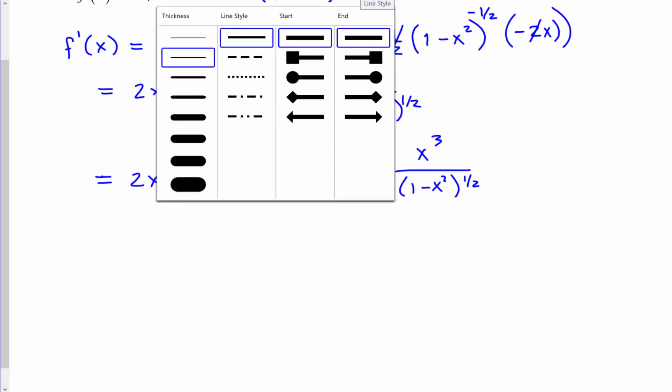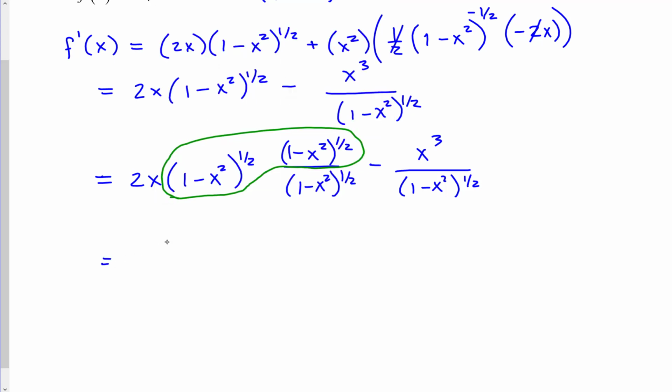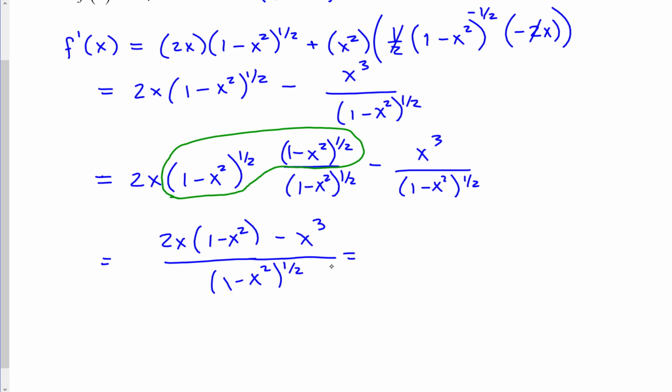So now I have 2x times 1 minus x squared all over, and actually, you know what, I'm going to go ahead and say minus x cubed. I'm just going to combine these as a single fraction now, and the numerator can simplify a little bit more if I distribute the 2x and make it 2x minus 2x cubed minus x cubed.